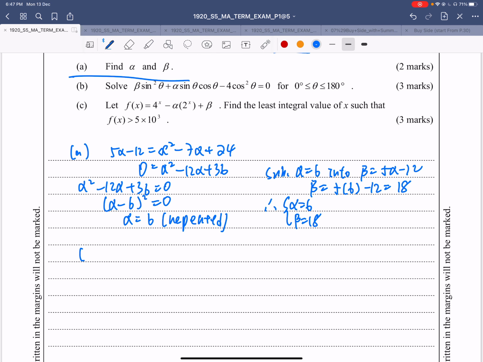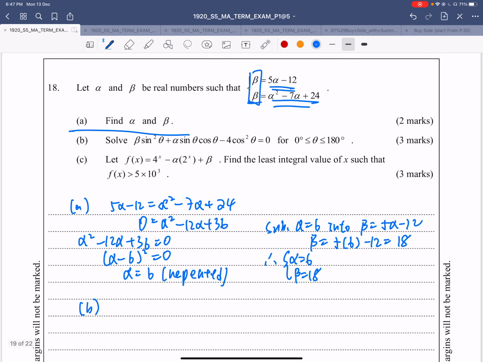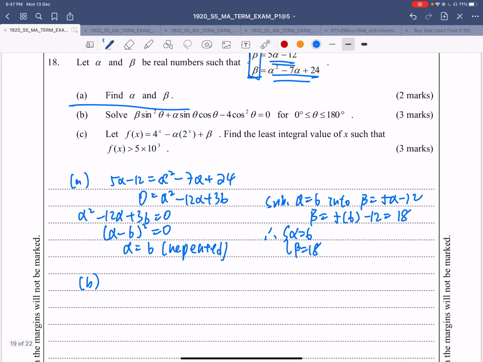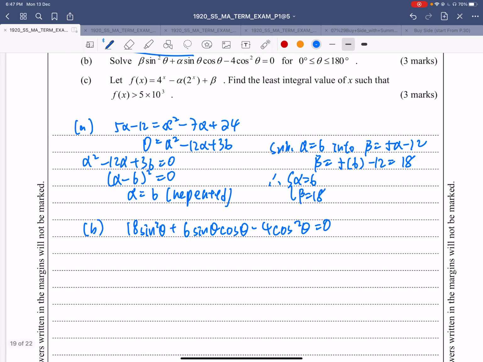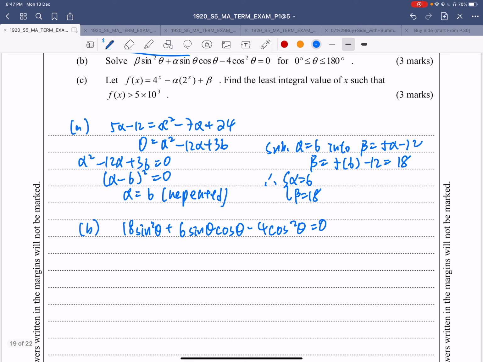And for part B, after you know the values of beta and alpha, you can directly substitute: 18 sine squared theta plus 6 sine theta cosine theta minus 4 cosine squared theta equals 0. If you cannot think of it, just think of some ways to simplify it first.